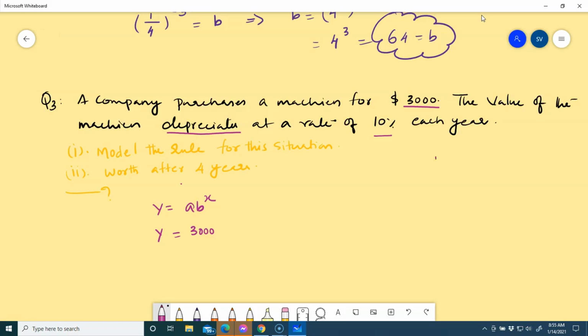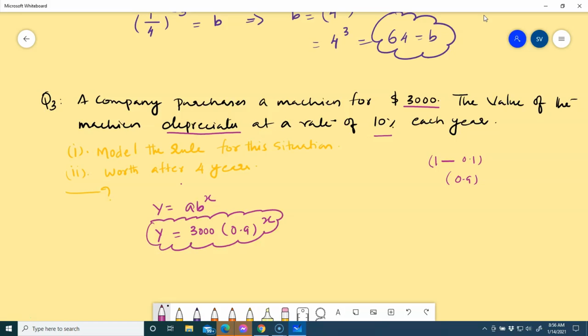So usually you can use 1 minus this 10%, that is 0.1, or you can write that second year what will be the worth, that is 90%. Third year again 90% of that, that is 0.9, that is the rate, okay, rate of depreciation. So 3000 times 0.9 to the power x. Basically, this will be the value of this machine, or the machine worth after x years.